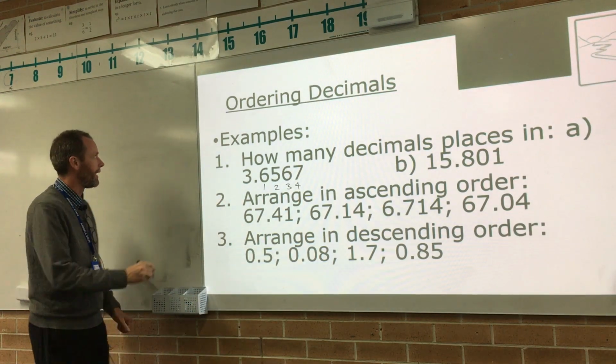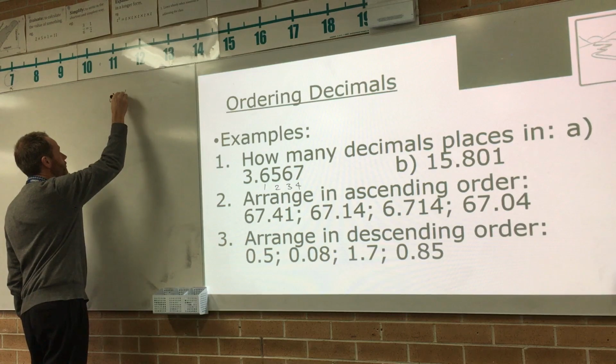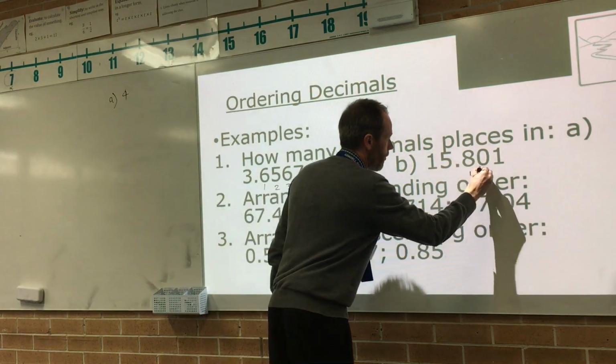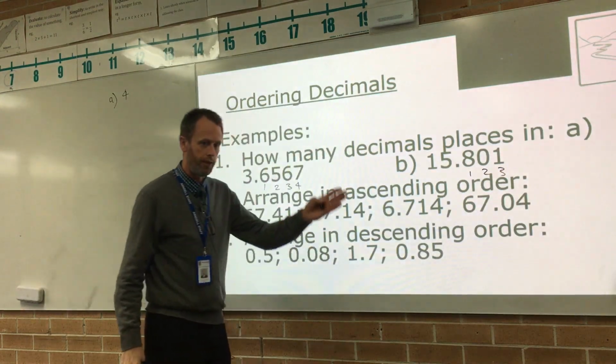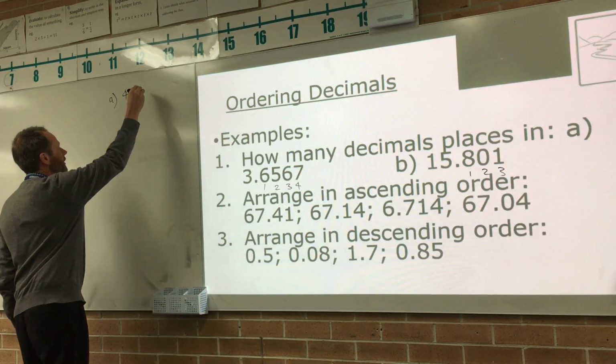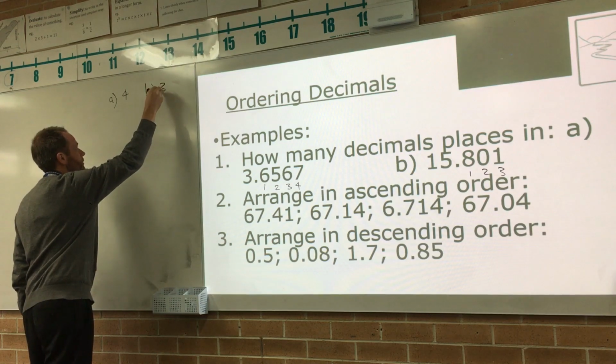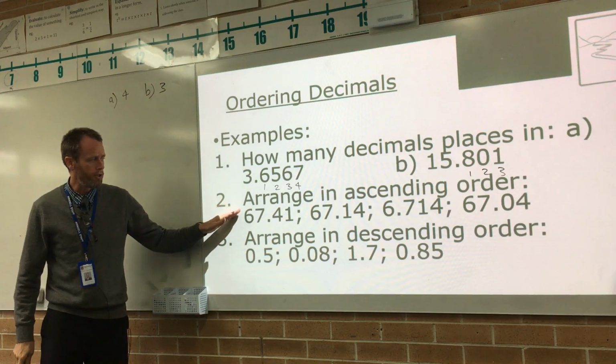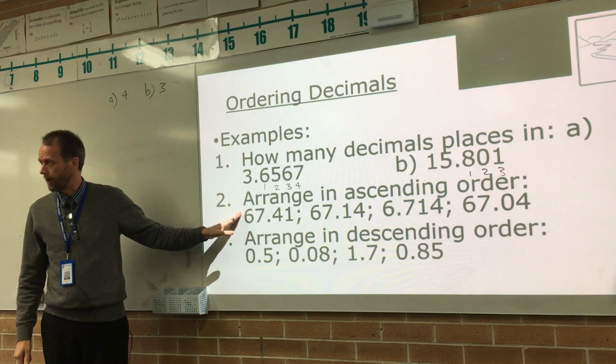So the answer to part A would be 4. Okay? The answer to part B is 3. So even though it's a 0, it is significant, it is important. Okay? So it's 3.